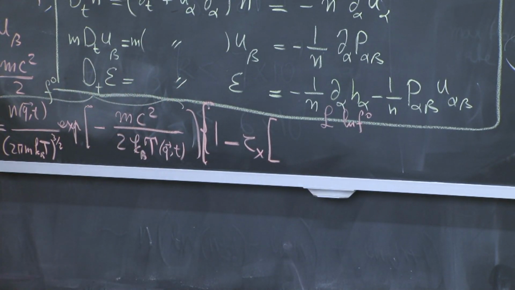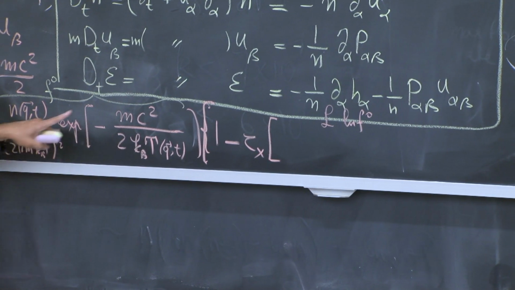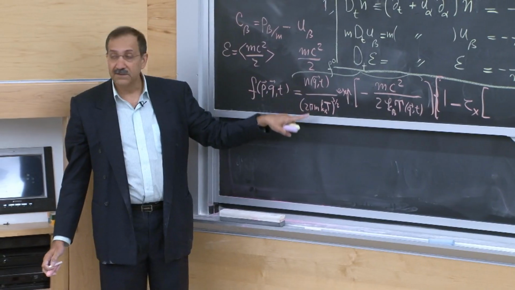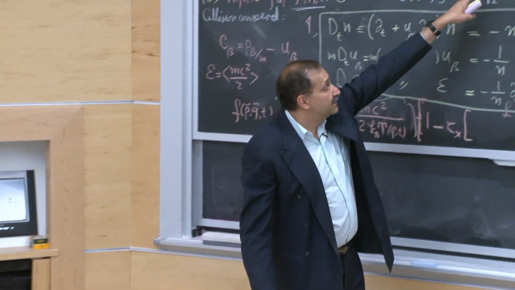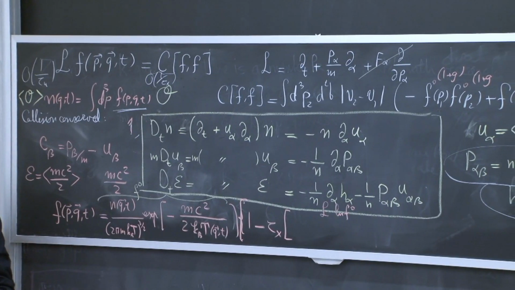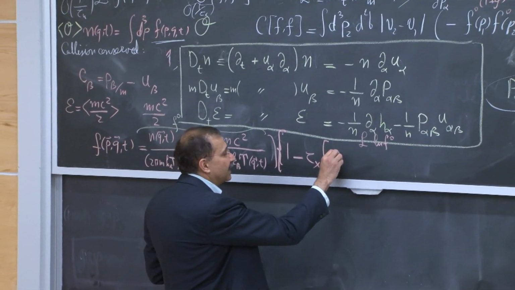Okay? So this is my f0. I take its log, so the log will have minus mc squared over 2kT and the log of this combination. And I do d by dt plus p alpha over m acting on this log. And then a bunch of algebra will lead you to the following answer.